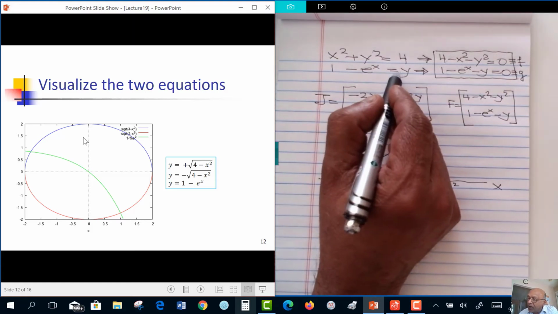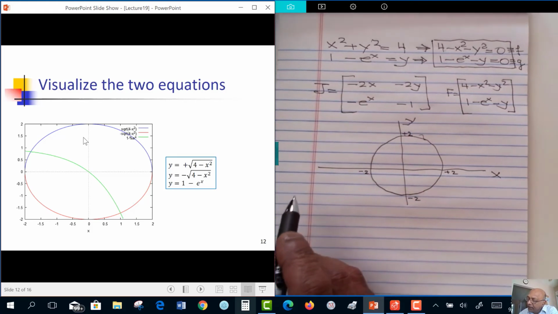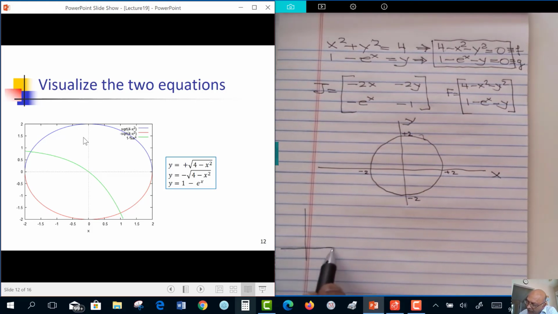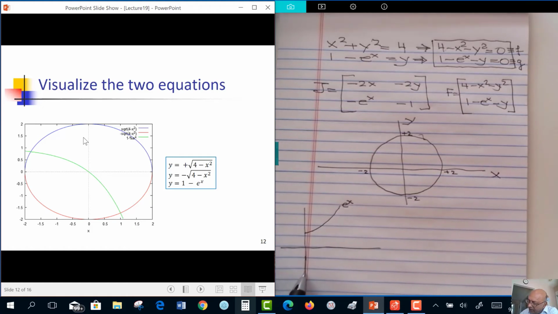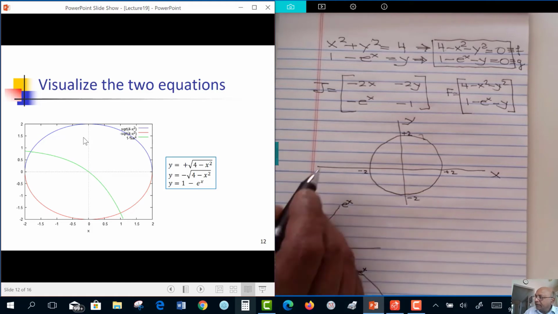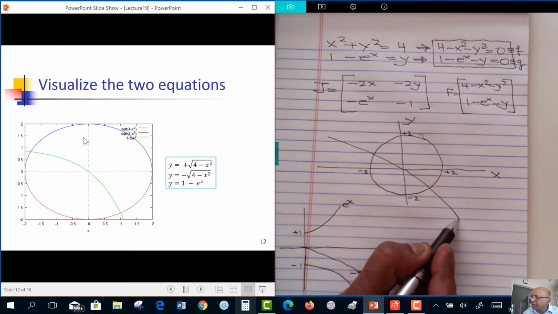So this equation is y is 1 minus e to the x. If you look at e to the x, e to the x looks like this. If you want minus e to the x, it would look like that, right? And then we add 1 to it. So this was 1. If we add 1 to it, the curve would look something like that.